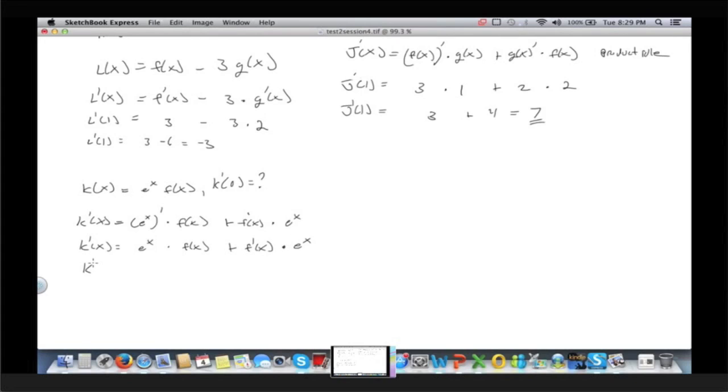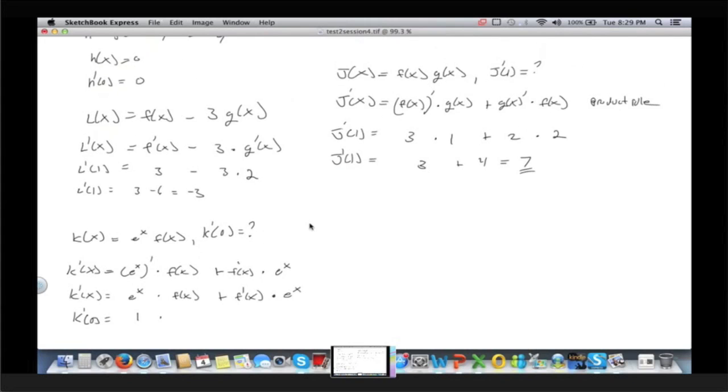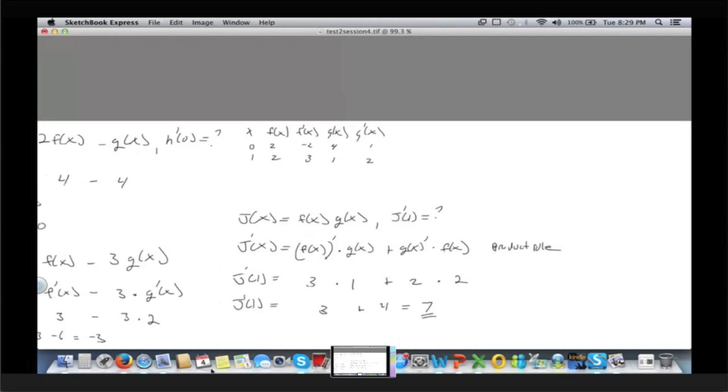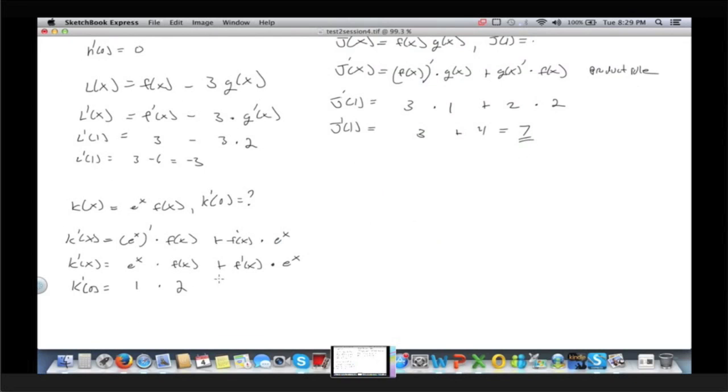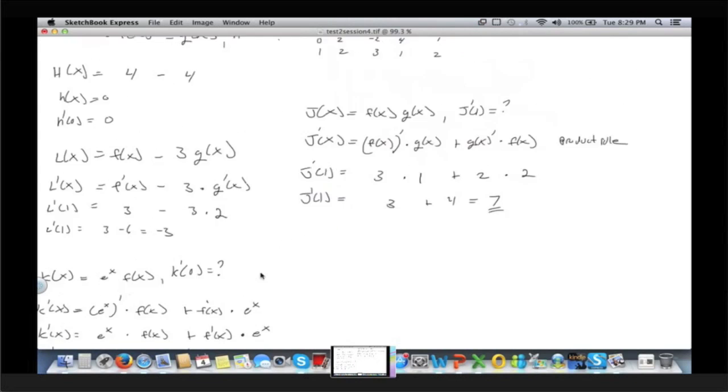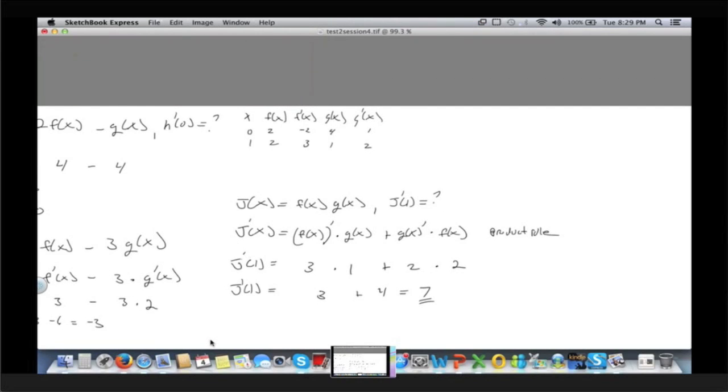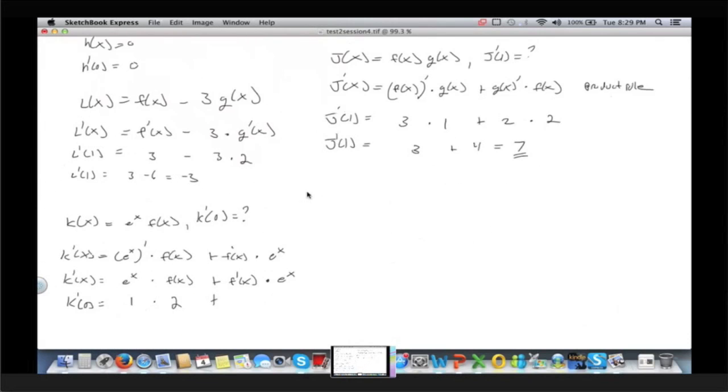So that's the simplest form. So when x is 0, well, e to the 0 is just 1. So 1 times the function is 2 plus derivative, -2.